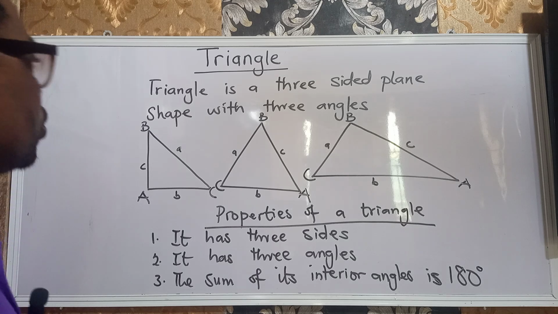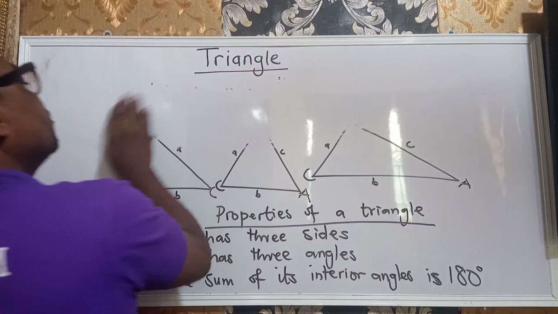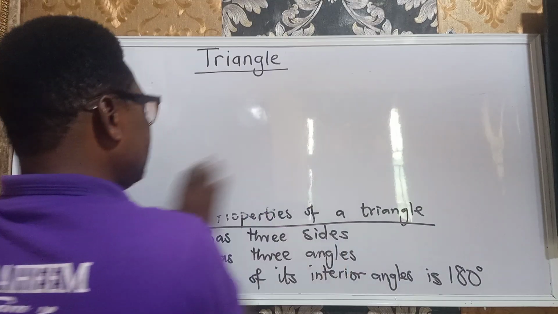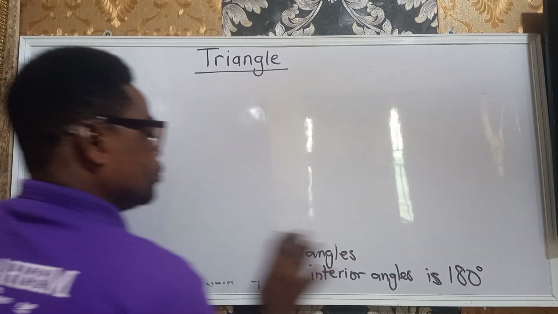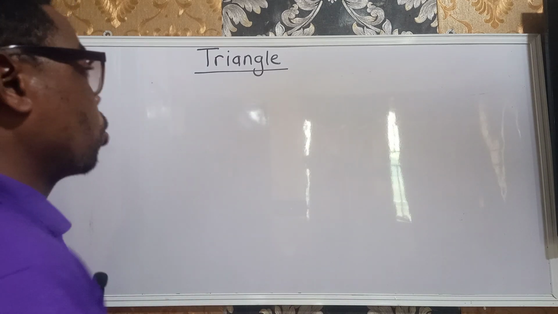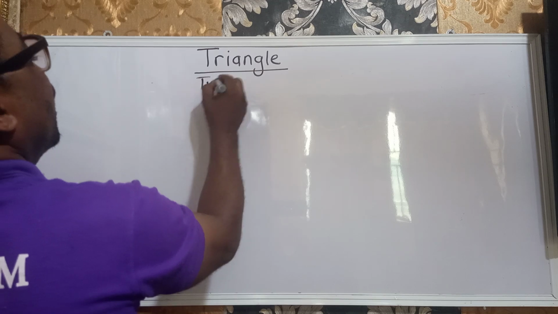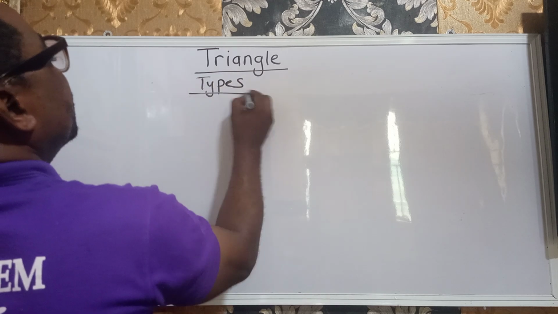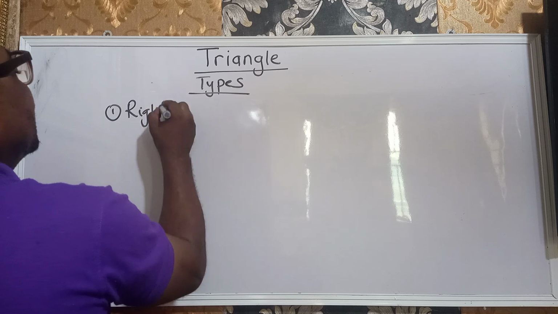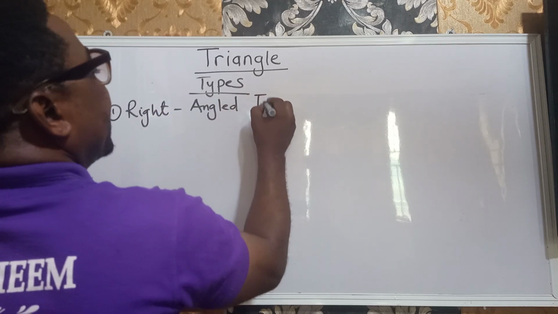Now, let us go and talk about types of triangle. The first type of triangle we will talk about is number one, the right angled triangle.